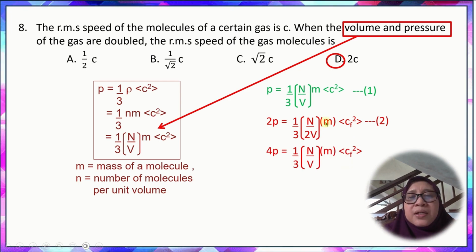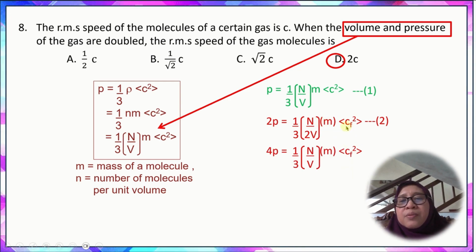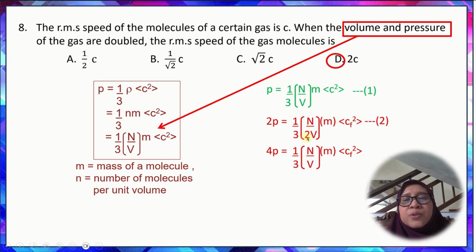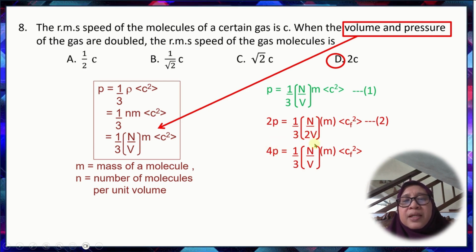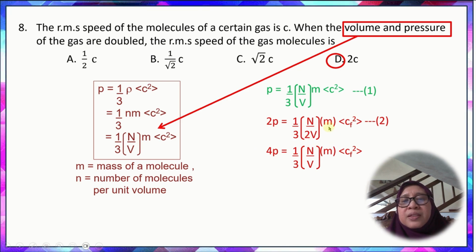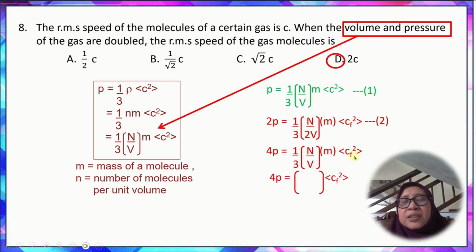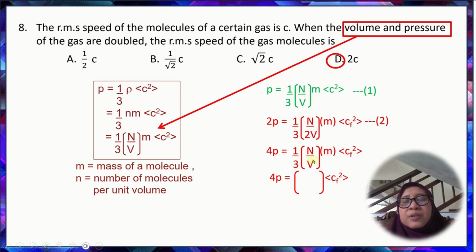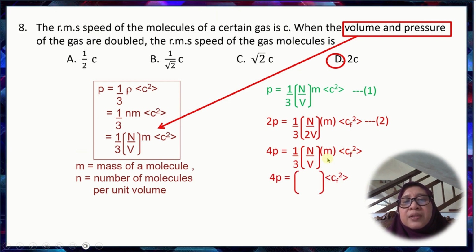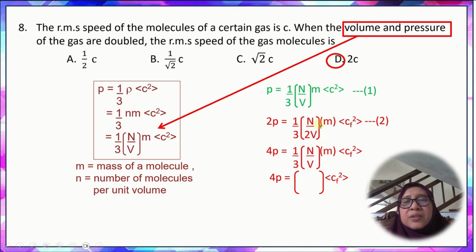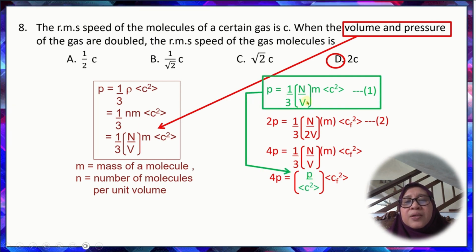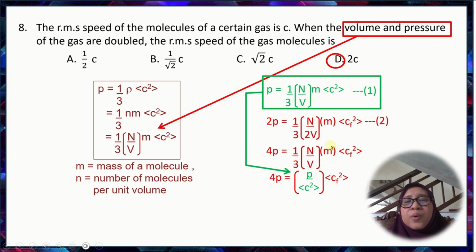Then we use ratio. We simplify equation 2 first. Cross multiply 2 times 2, we get 4P, 1 over 3, and then N over V remains the same, m, and then CF squared. So this is equation 2. This 1 over 3 N over V and mass of a molecule, we substitute into here. So P over mean square speed.